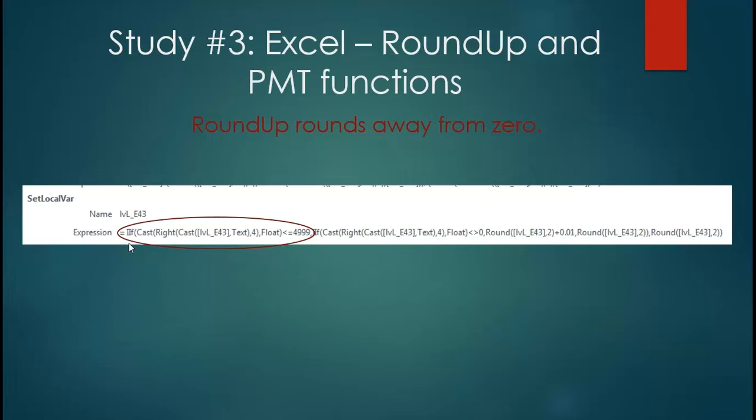So we say if something is true or not true, whatever, comma, then that's the true statement. So if it's true, then do that next thing. If it's not true, do the third thing. And we can bundle those together so that you get nested inline if statements. But let's just look at this very first part.